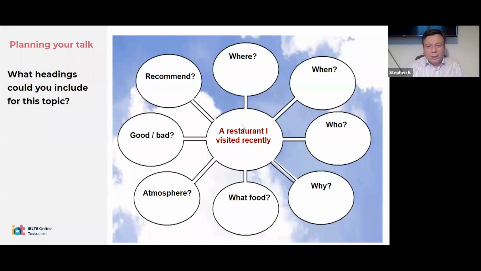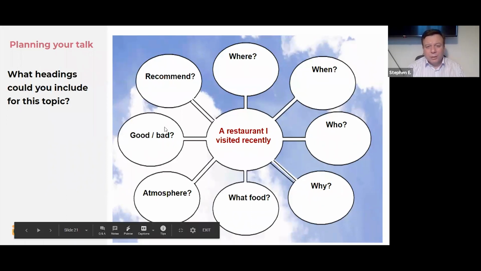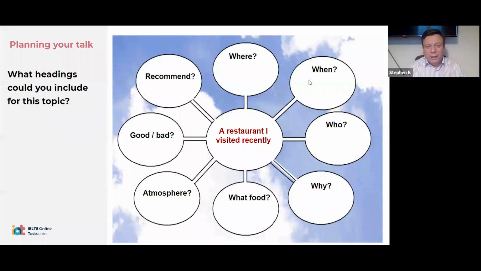So this will be a good way to mind map a restaurant I recently visited. So you can see the main bullet points, and then you can scribble underneath the bullet points some key features that you're going to talk about. So service, that could go good, bad. So not just about the food.